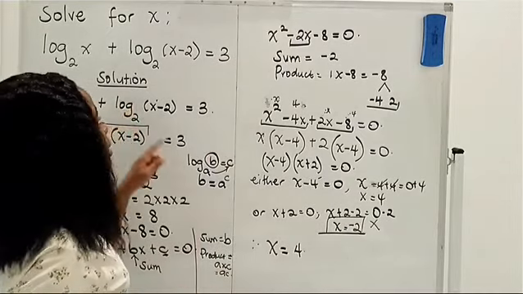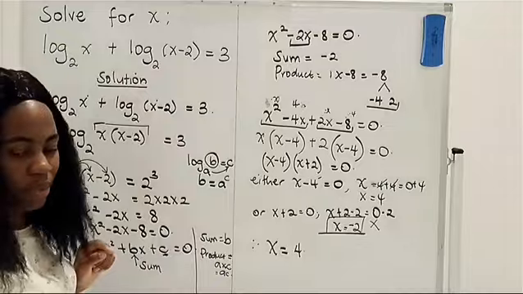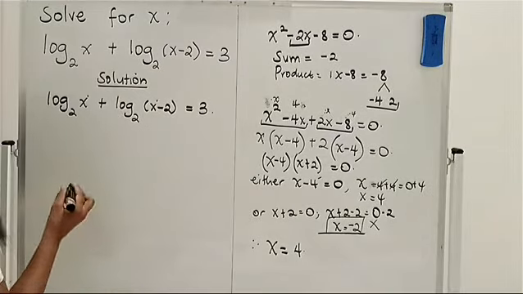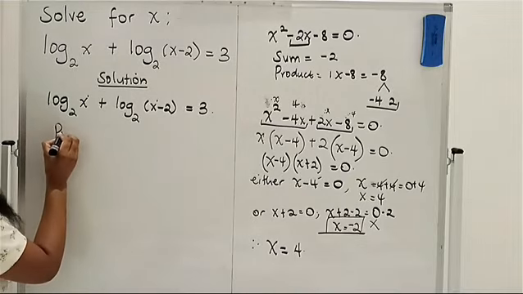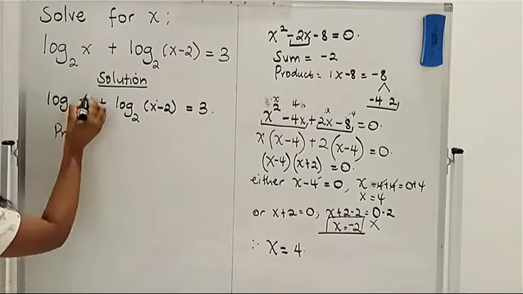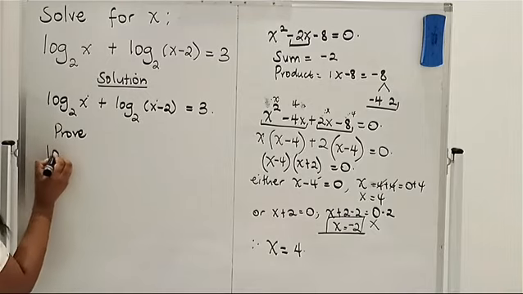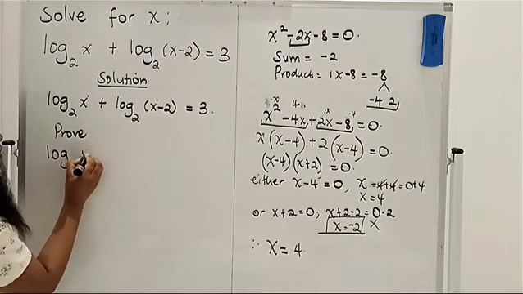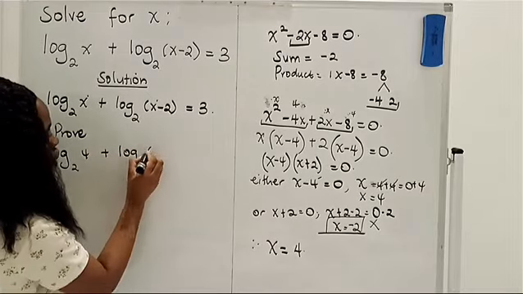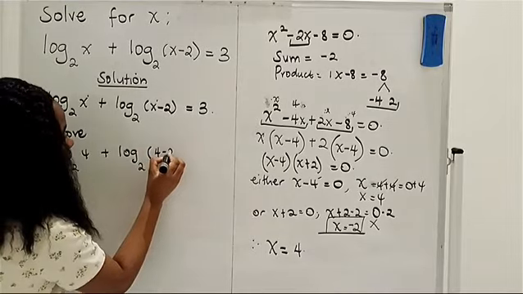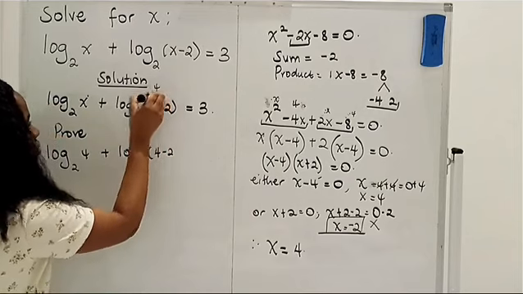Okay? And someone wants us to prove this. Let us prove. Now, if my x is equal to 4, I'll have log 2 of 4 plus log 2 of 4 minus 2. Where there is x, you put 4.